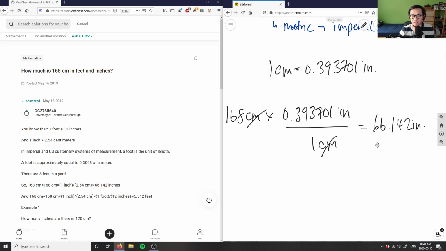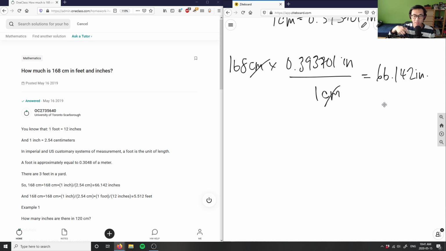And then finally, I want feet and inches, right? So now I'm totally in the imperial system, and I can convert this into feet and inches as well. So I have 66.142 inches. I'm going to multiply that by how many feet are in 1 inch. Well, I know how many inches are in a foot: there are 12 inches in a foot, right?